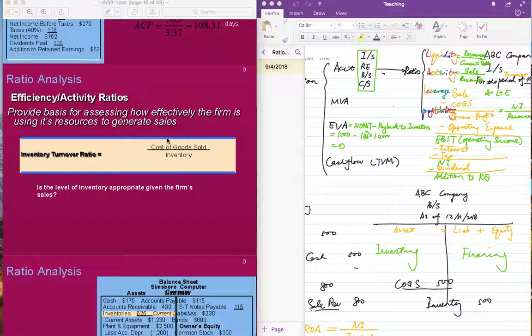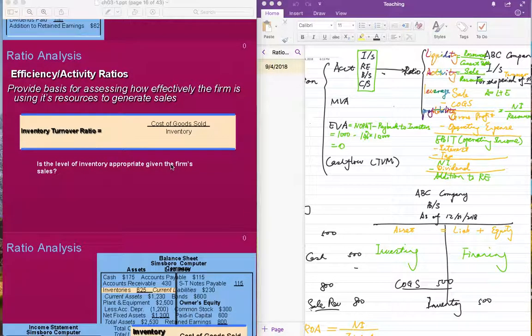And that makes sense. That is the only activity or turnover ratio that does not have sales on the numerator, because it makes sense for measuring inventory turnover. When a firm generates sales, inventory is reduced, and cost of goods sold increases.